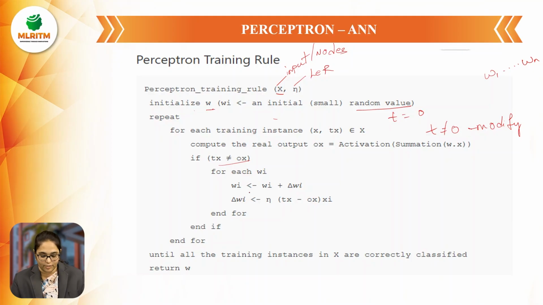In the weights formula we have seen previously, Wi is represented as Wi plus delta Wi. So delta Wi is what modifies the weights.